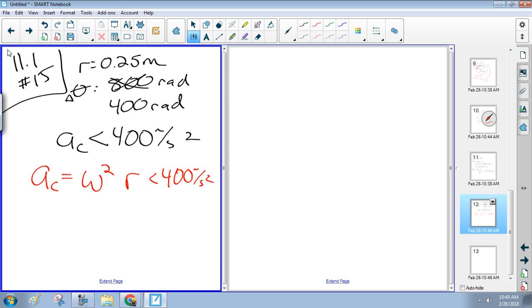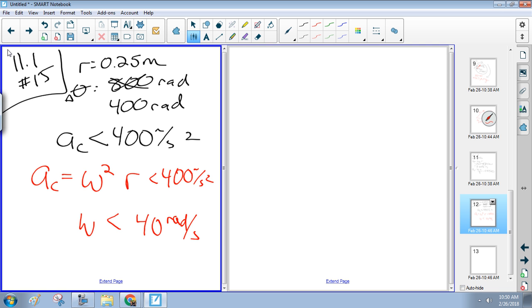Multiply both sides by the radius and take the square root, and I think you'll find that your angular velocity has got to be less than 40 radians per second. So if your angular velocity goes above 40 radians per second, then you're going to exceed that centripetal acceleration. Follow?